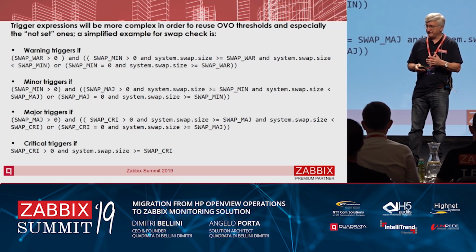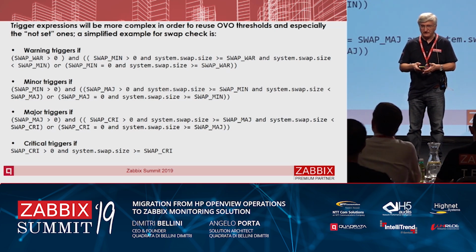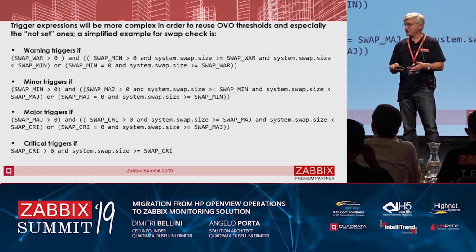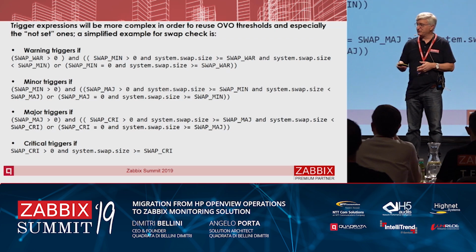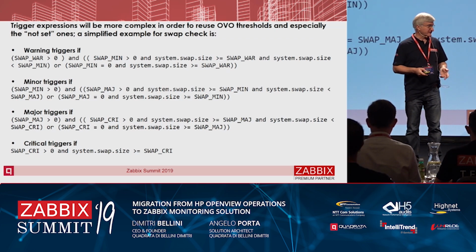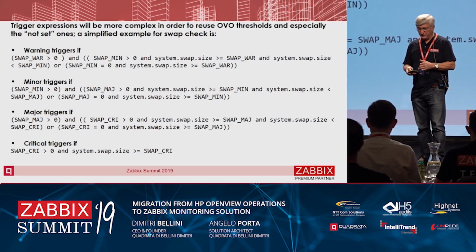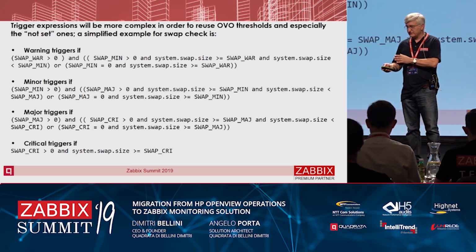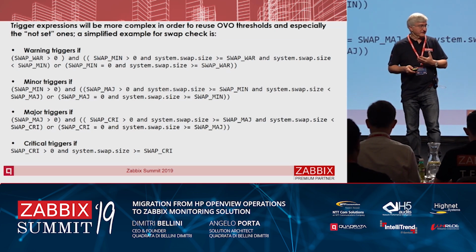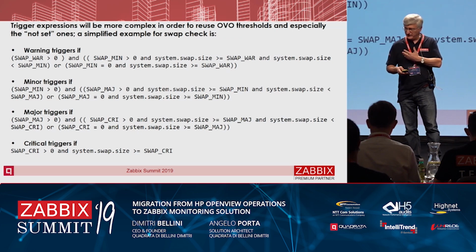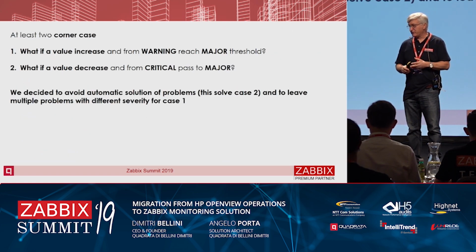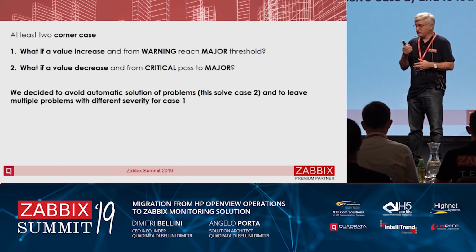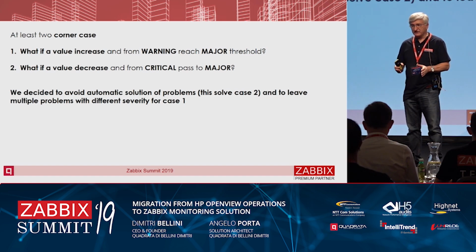Consider, for instance, a file system that reaches the first threshold, the warning threshold. After some days it can arrive at the minor trigger, the major and the critical trigger. And so you can have 1, 2, 3, 4 different events in HP OpenView and also in Zabbix. Basically, there are 2 conditions. The value can increase, and from warning can pass to major or whatever, or the value can decrease.